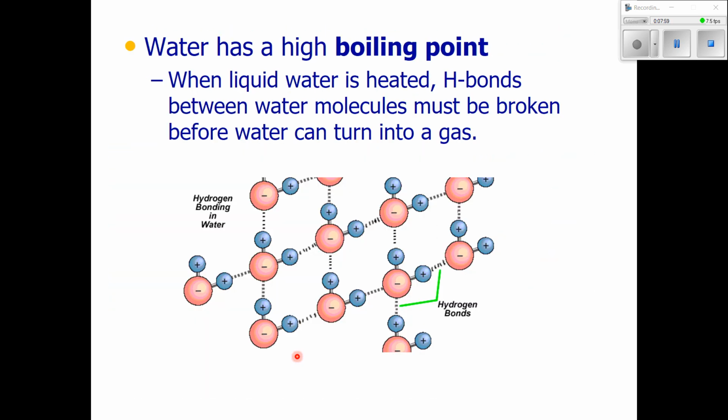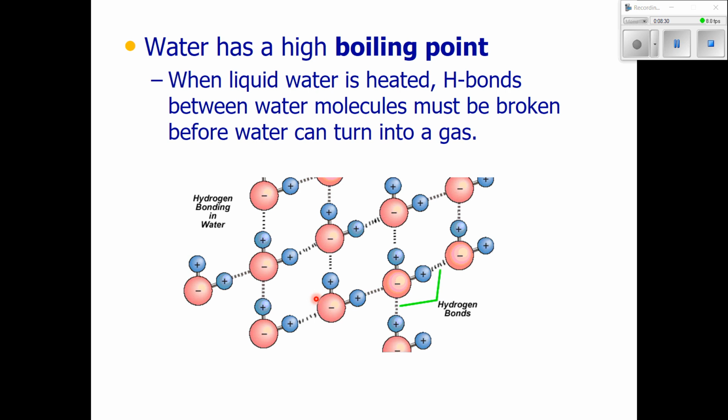Now, the reason water heats up slowly, and the reason it takes so much energy to boil water, so much heat to boil water, is because of the hydrogen bonds in between the water molecules, causing these water molecules to cling to each other.